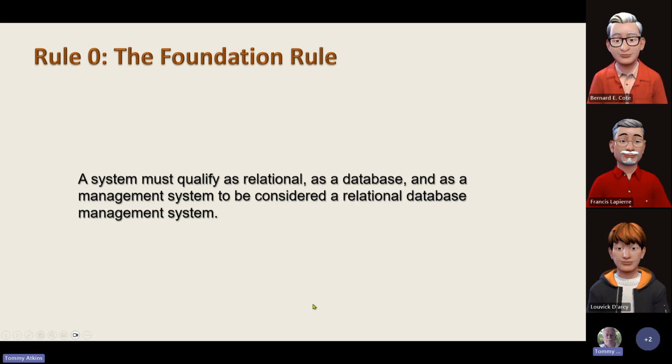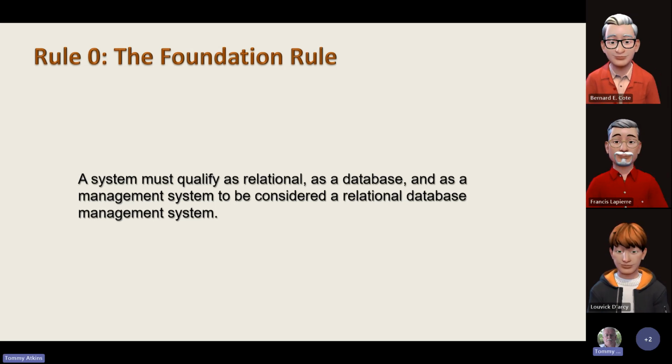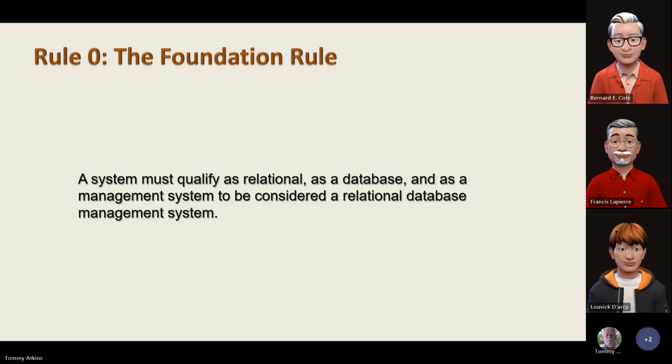So, rule 0, which was the first, is the foundation rule. This may sound a bit silly, but if you read it a couple of times, it makes sense. A system must qualify as relational, as a database, and as a management system to be considered a relational database management system.